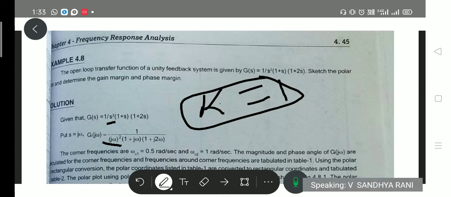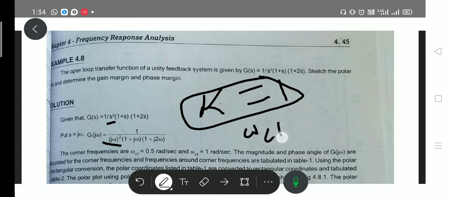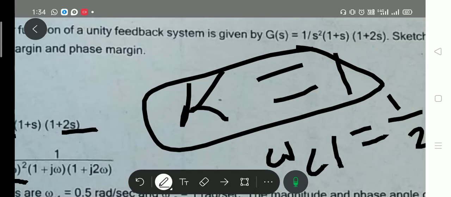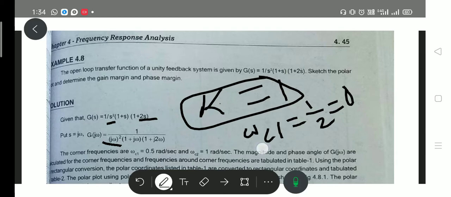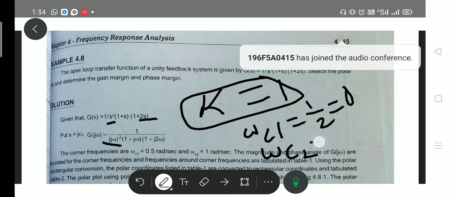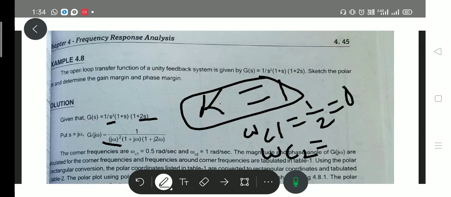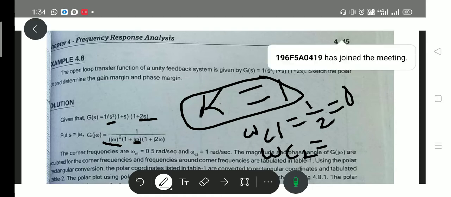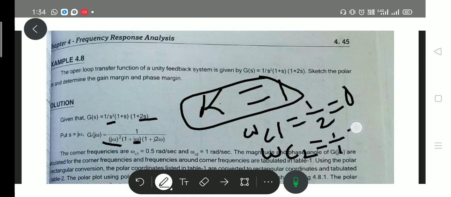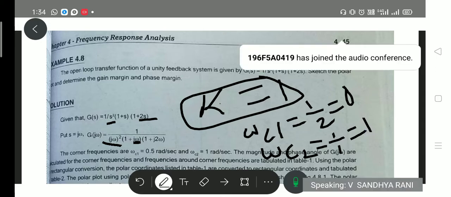Here, what are the corner frequencies? Omega c1 is equal to 1 by 2, that is 0.5. Omega c2 is equal to 1 by 1, so omega c2 is 1 radian per second.